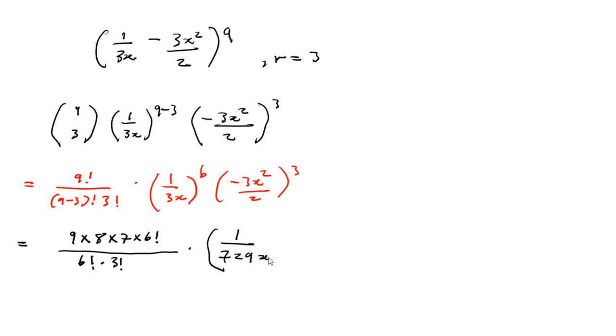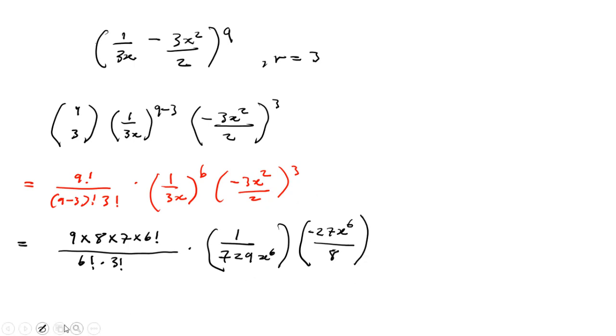Okay, so 729 x to the power 6. And then, cross bracket, negative 3 to the power 3 is going to give us negative 27. So this will be negative 27 x to the power 6. Then over 2 to the power 3, which is simply 8.